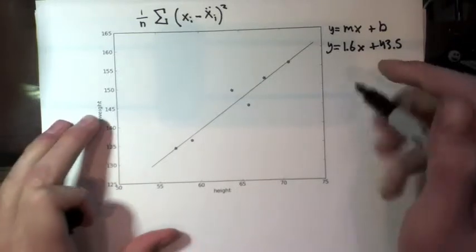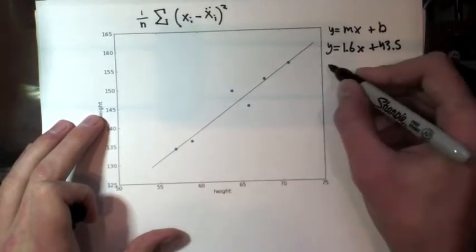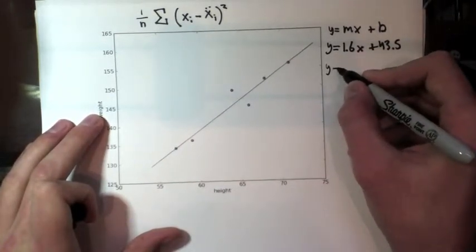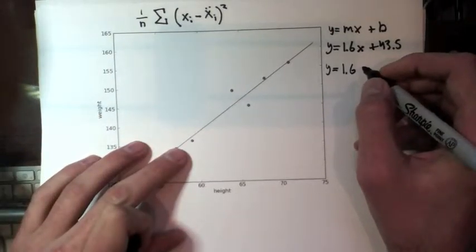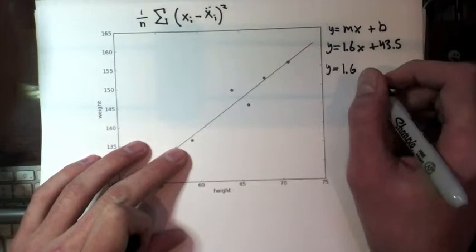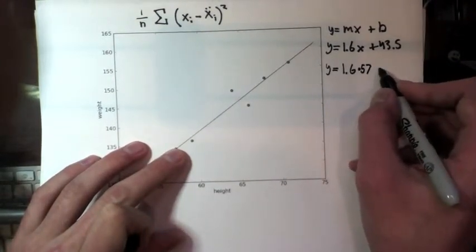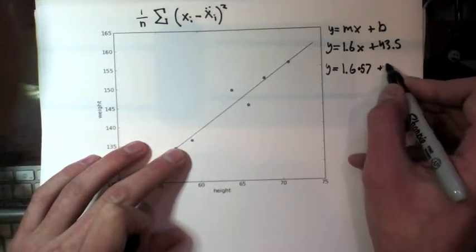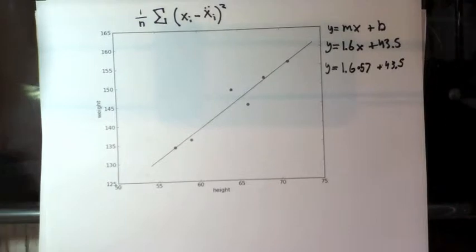So what we would do is we would say y, for this person, y is equal to 1.6 times their height, which is 57, 1.6 times 57 plus 43.5. So that's pretty easy to do the math for.